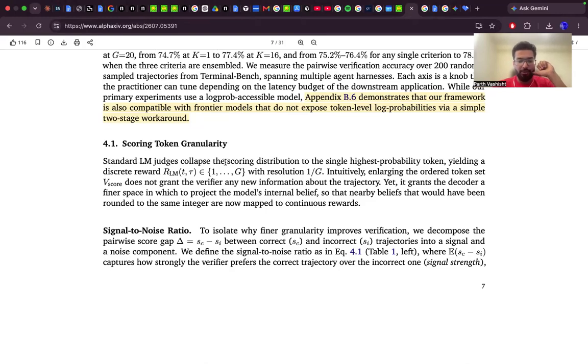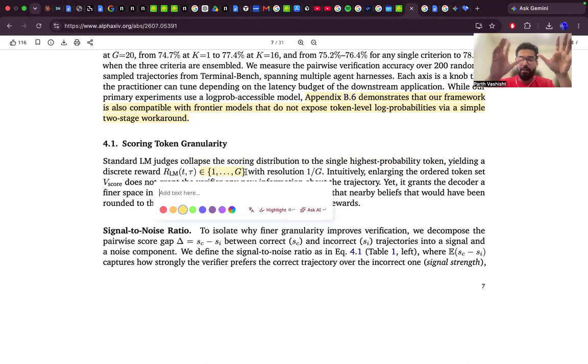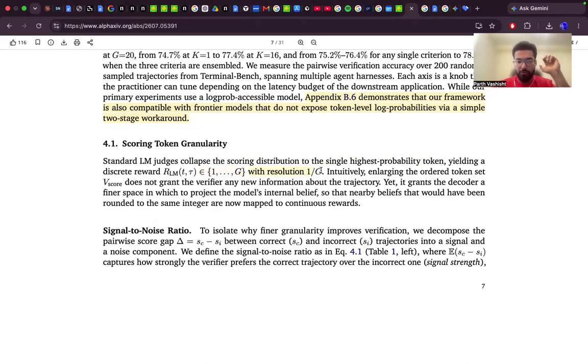Now, standard language model judges collapse the scoring distribution to a single highest probability token, yielding a discrete reward R_LM of T given tau, which is a sample from 1 to G, where G is basically an integer from 1 to 20 with the resolution of 1 by G. Intuitively, enlarging the ordered token set V_score, which is basically this from 1 to G, does not grant the verifier any new information about the trajectory.